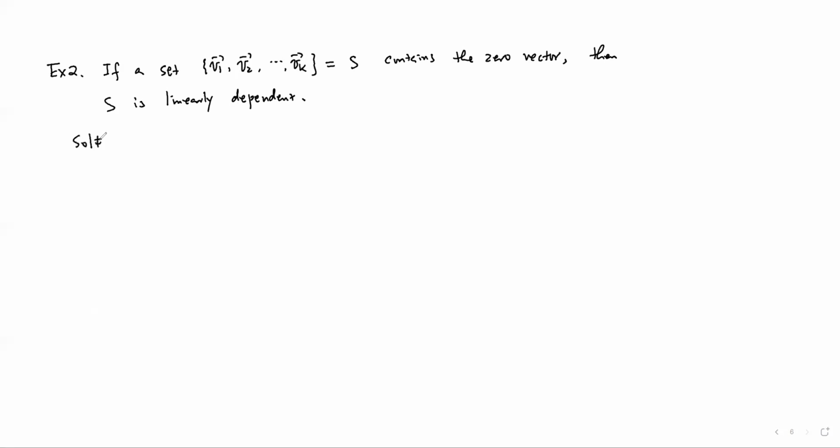Solution 1. By definition, we need to solve this vector equation with K vectors: x1 V1 plus and so on, plus x_{k-1} V_{k-1} plus xk Vk equals 0.